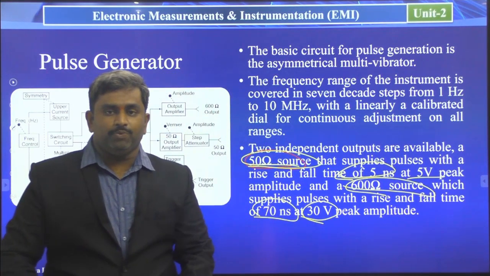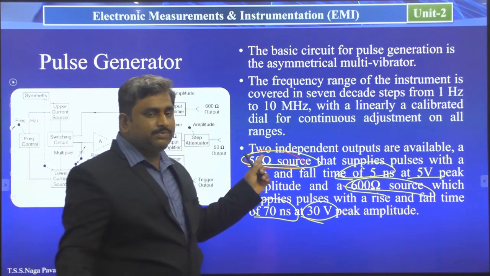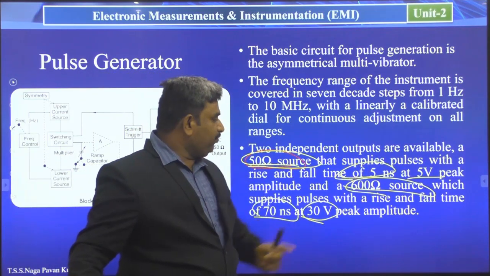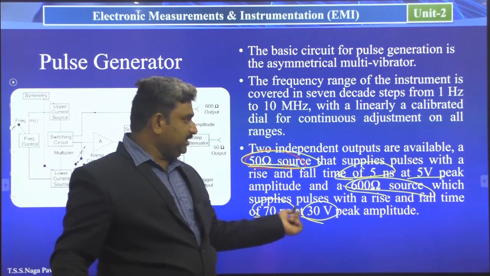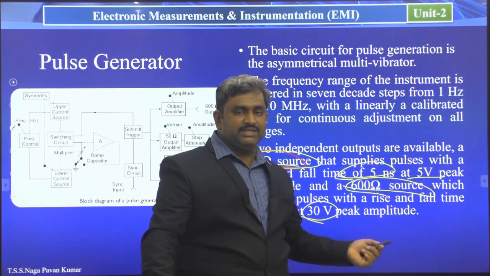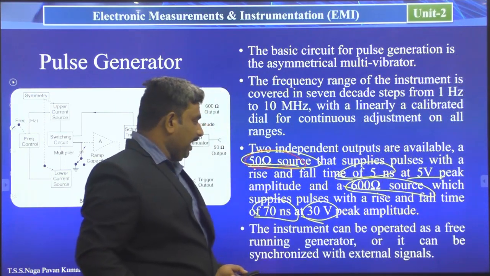So there are two types of output impedances: 50 ohms output and 600 ohms output. For 50 ohms output, we have 5 nanoseconds fall time. For 600 ohms, 70 nanoseconds. The 50 ohms output impedance has 5 volts maximum peak. Here we have 30 volts maximum peak amplitude.